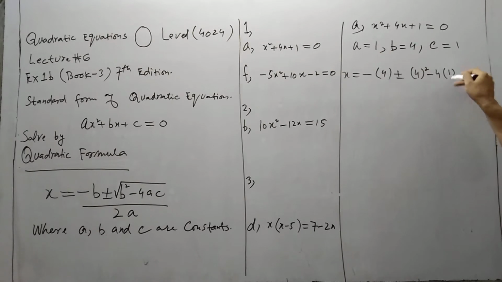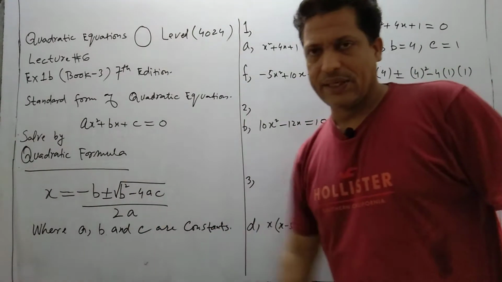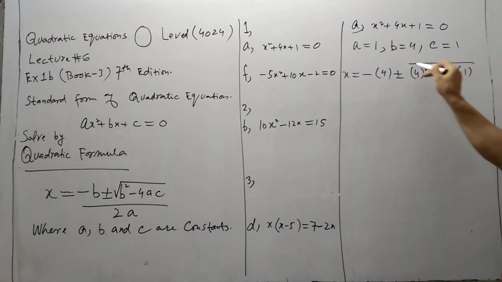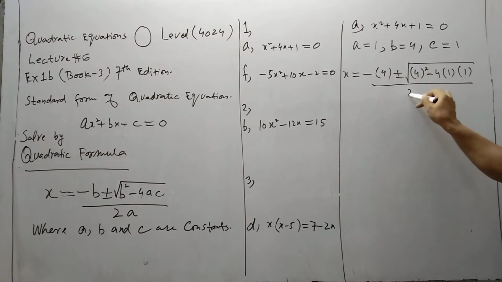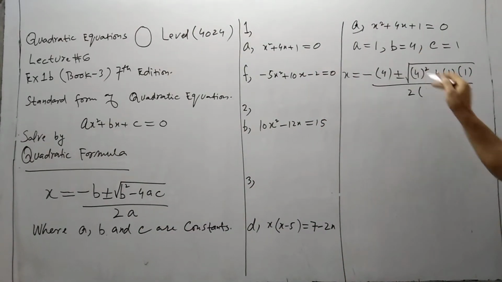What is a? 1, multiplied by c. What is c? 1. See this square root? Square root upon 2a. 2 multiplied by a. a is what in this case?